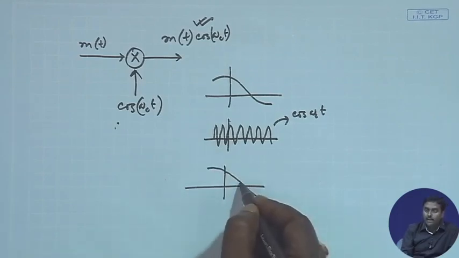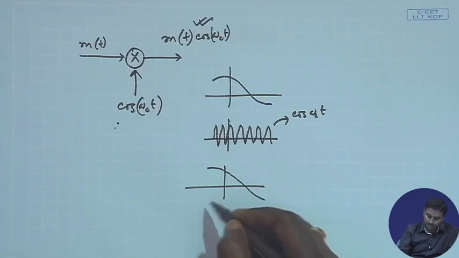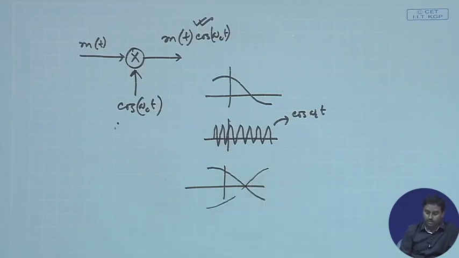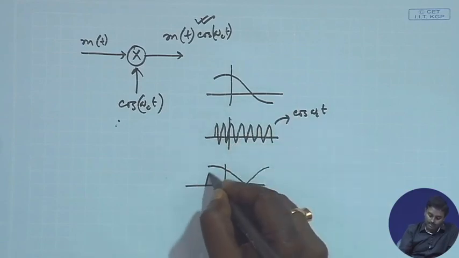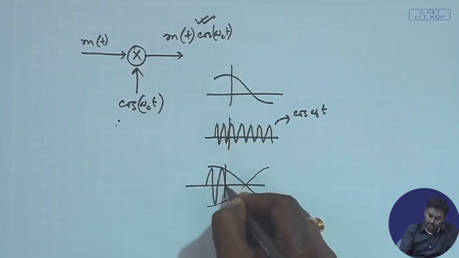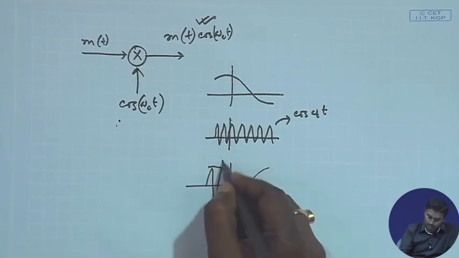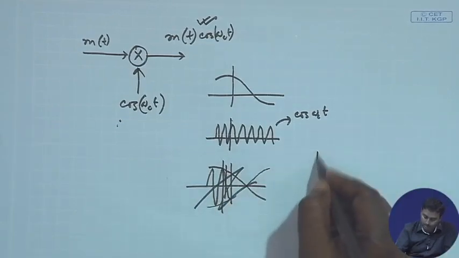This should make the envelope of the carrier. An envelope means it should be from both sides. That draws the envelope, and within that the carrier will be oscillating. If this is 0, sorry, let me draw it again.